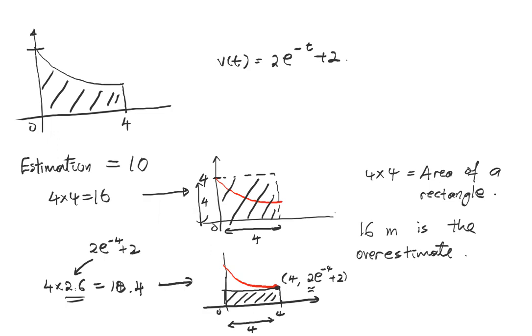So you see, the area of the rectangle doesn't cover every part of the area bounded by the curve. Am I right? This one, it covers more. So this one, 10.4 meter is the underestimate.